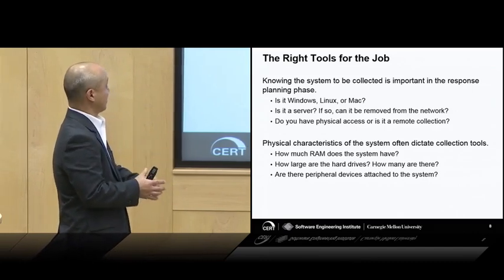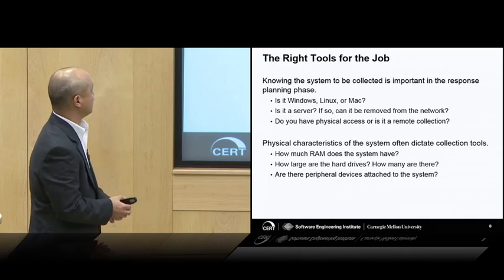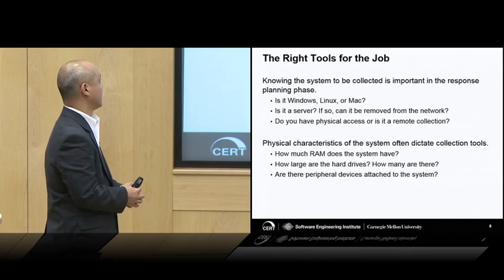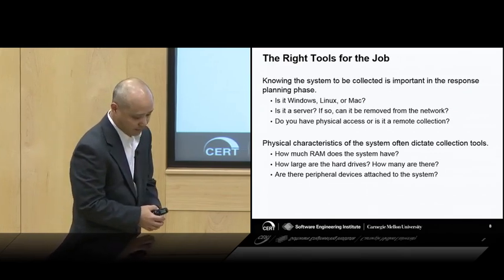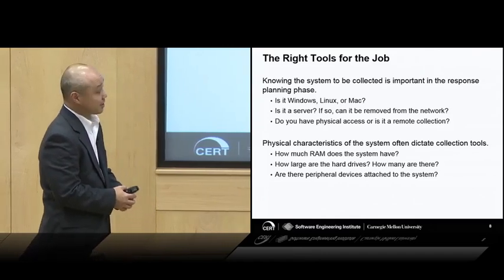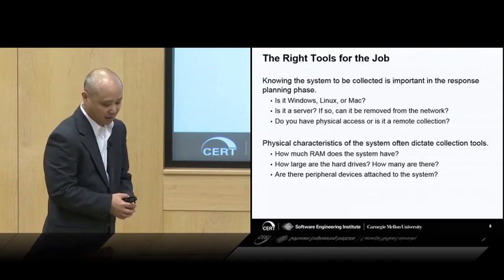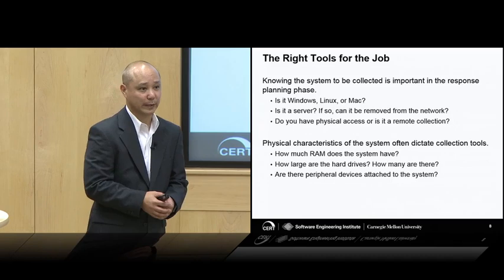Some of the thoughts, if it is a server, can it be removed from the network? Do you have physical access or remote access to collection? Right? Most times, with the remote collection piece, you're looking at a different piece of software than when you have physical access and you're doing local pulling.